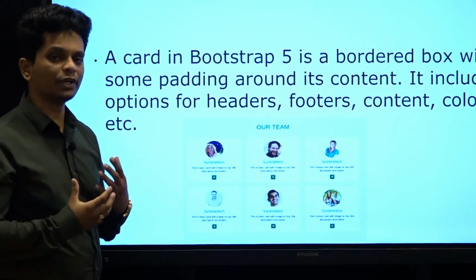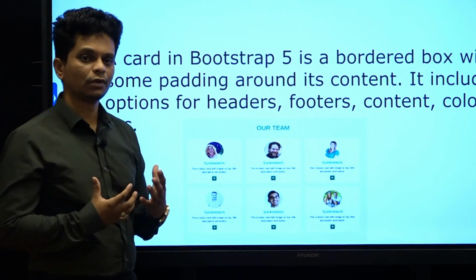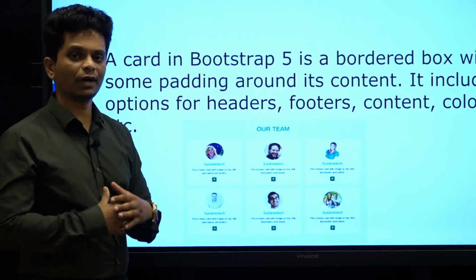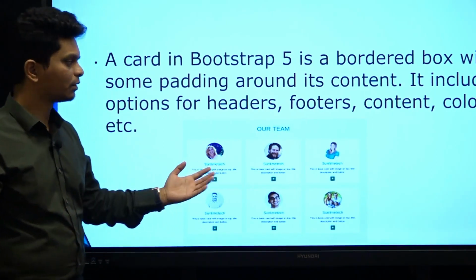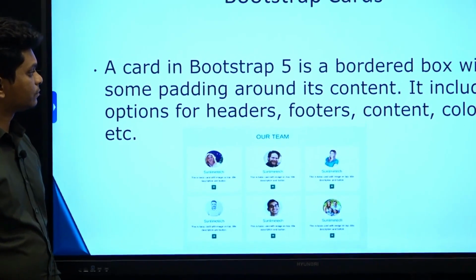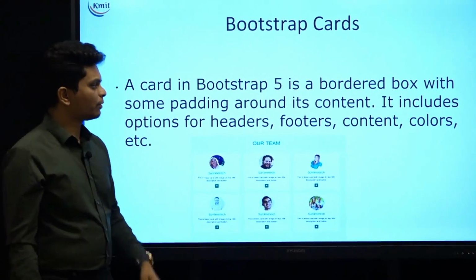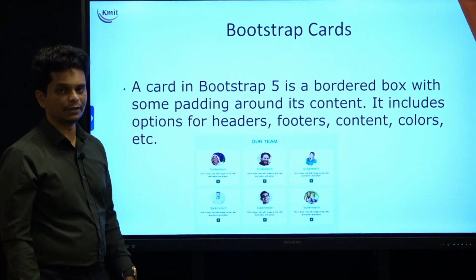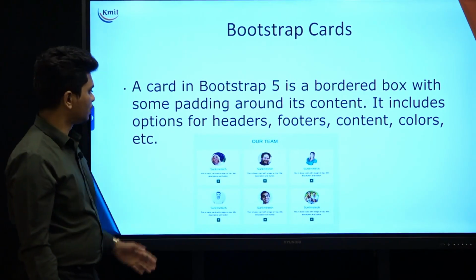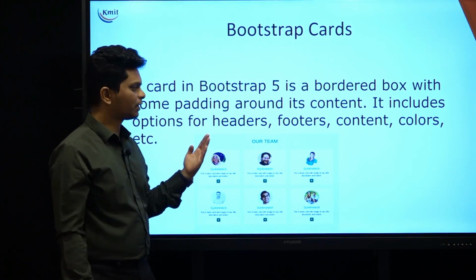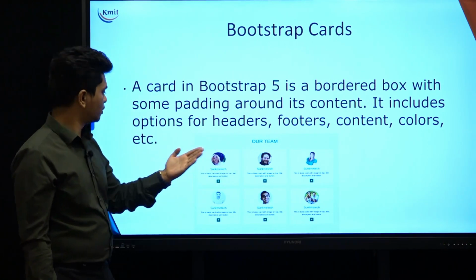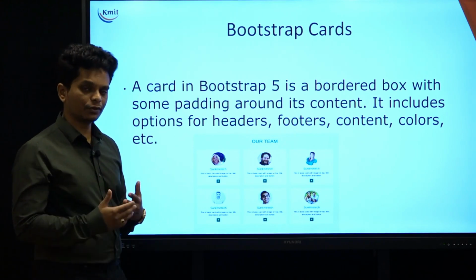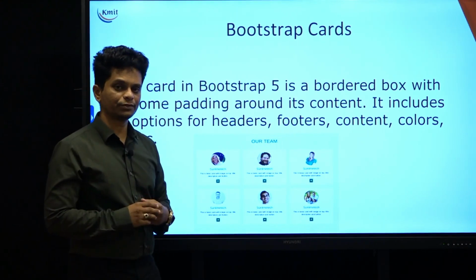Generally, when we want to create a portfolio or a catalog of items, we may use cards. A card in Bootstrap 5 is a bordered box with some padding around its content. It includes options for headers, footers, content, colors, etc.